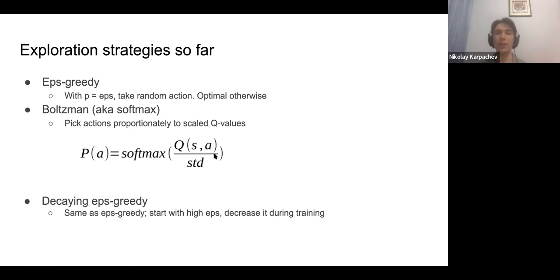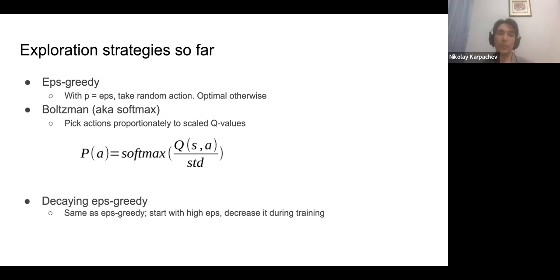We take softmax over these Q values to turn them into probabilities, and then we sample actions according to these probabilities. So actions with greater Q values will have higher probabilities and will be selected more often.